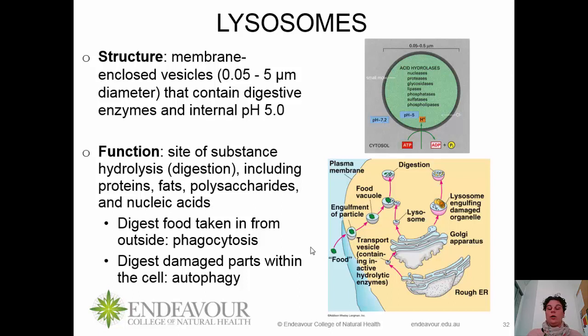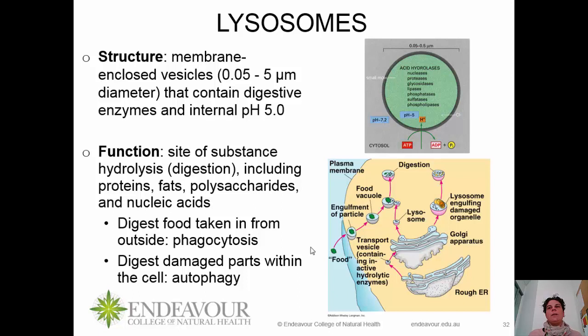They only work in the lysosomes. Which means that if there is some sort of perturbation or something wrong with the lysosomes themselves, and the acid hydrolases somehow leak out, these hydrolases can't work in the cytoplasm because it's a different pH.